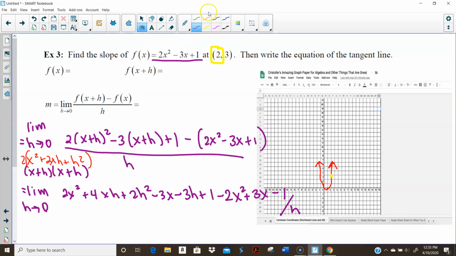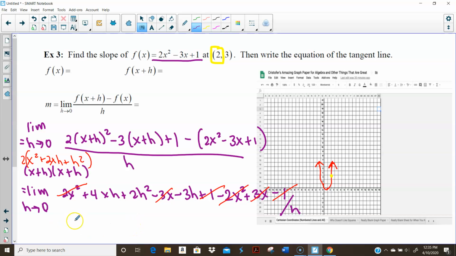So let's go ahead and cancel like crazy and see what we have. The 2x squared and the negative 2x squared cancel. The negative 3x and the positive 3x cancel. The negative 1 and the positive 1 cancel. And I think that's all I see.